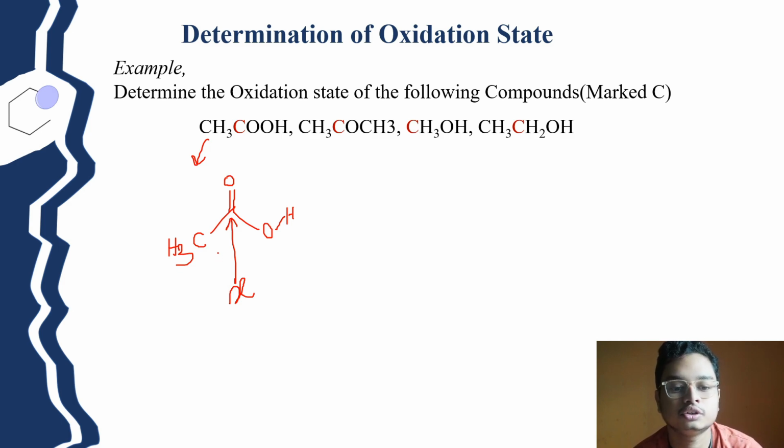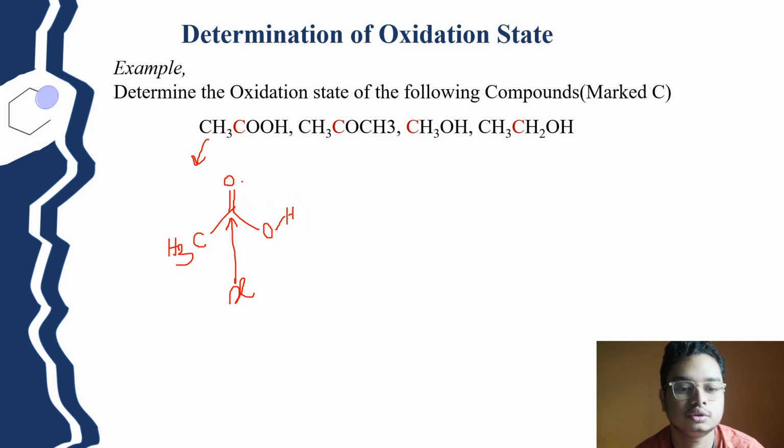Okay, now see, this is also carbon, this is also carbon. So this particular carbon doesn't show any effect in determining the oxidation state of this center. The oxidation state of this carbon will be solely determined by this oxygen and the OH group.